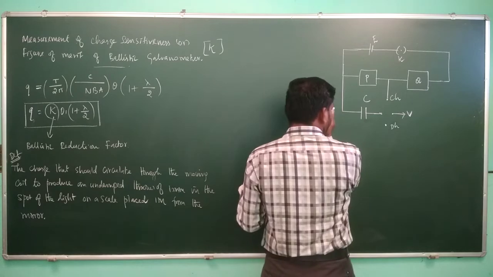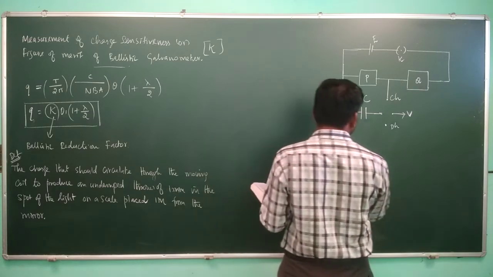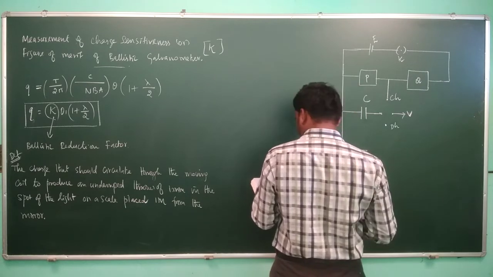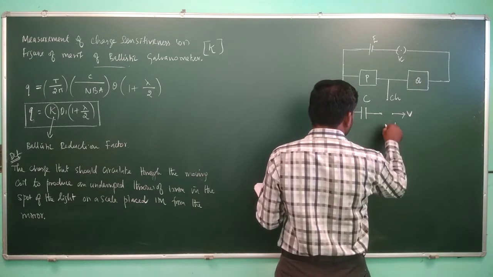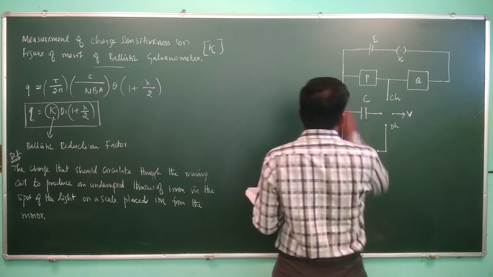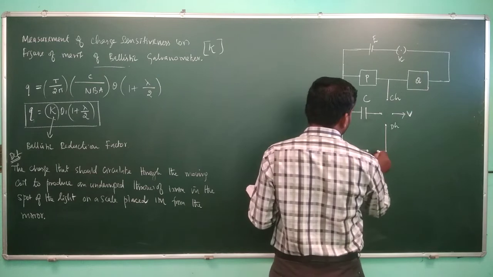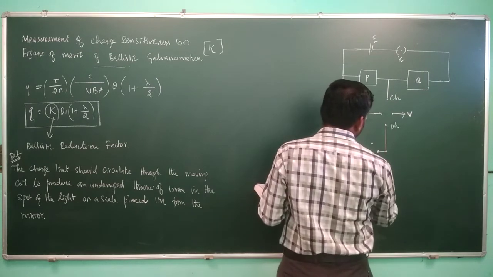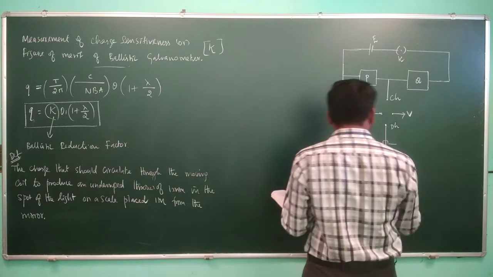Now a ballistic galvanometer is connected in such a way that this discharge key and the line from the left part of the resistor are connected on one pair, and in the other pair the ballistic galvanometer is connected.